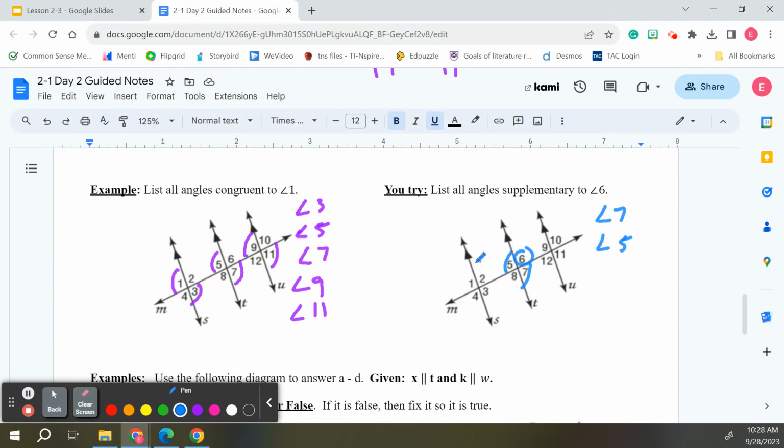Now, 6 is congruent with 2, so that means it is also going to be supplementary to 1. So angle 1 is also another one. And if 7 is supplementary to 6, and 7 and 3 are congruent, that means angle 3 is another one that is also supplementary.